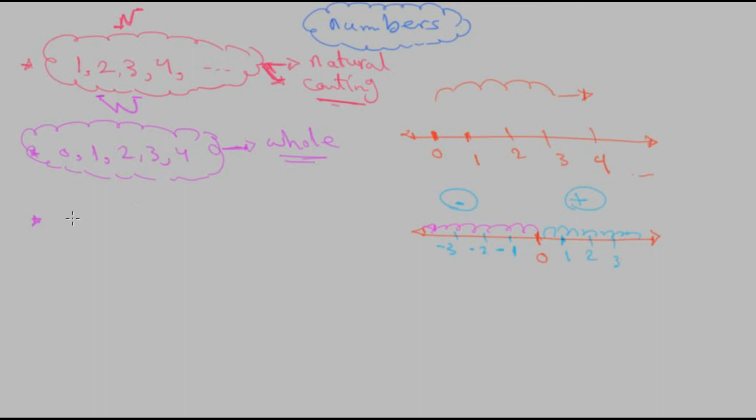So the set of integers contains -3, -2, -1, 0, +1, +2, +3 and so on. On both sides we have the same numbers, and we call this group of numbers the integers.